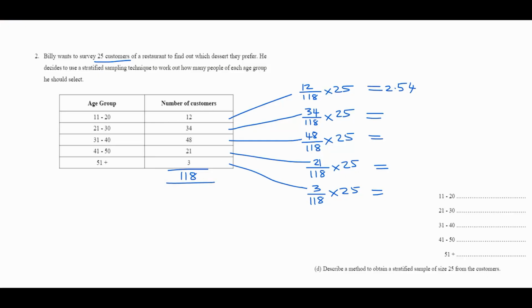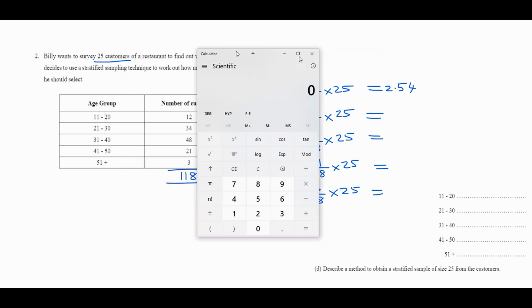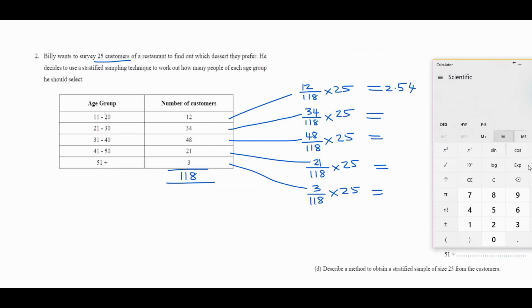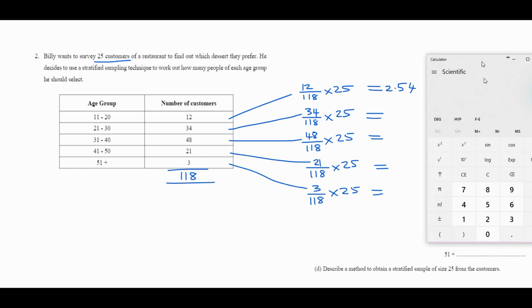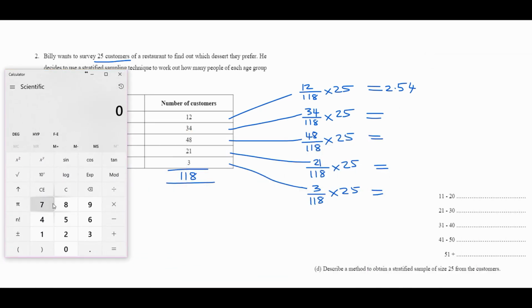It's not working properly, so I only need a normal calculator. Right, let's start. 34 times 25 divided by 118. So the answer is 7.20. I'll make a note of it, 7.20.